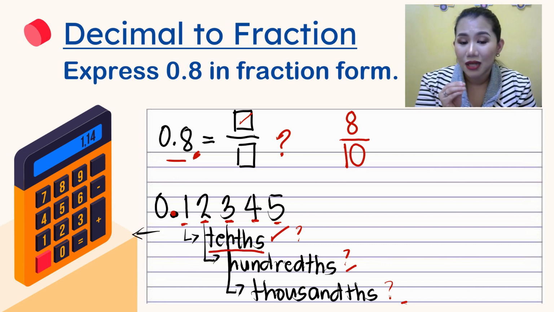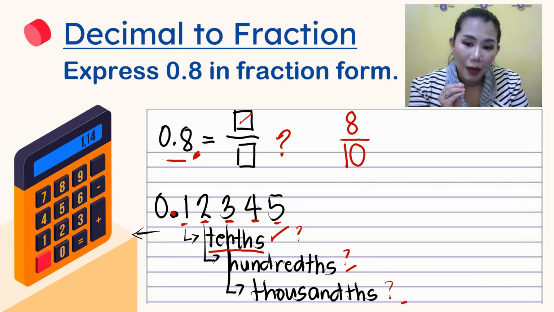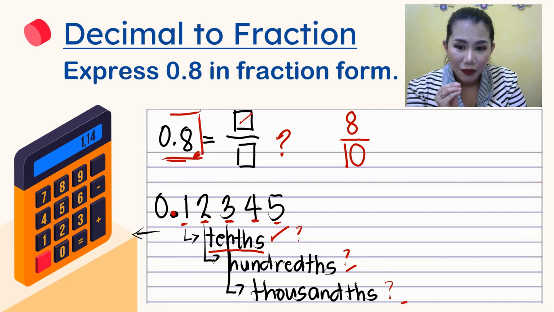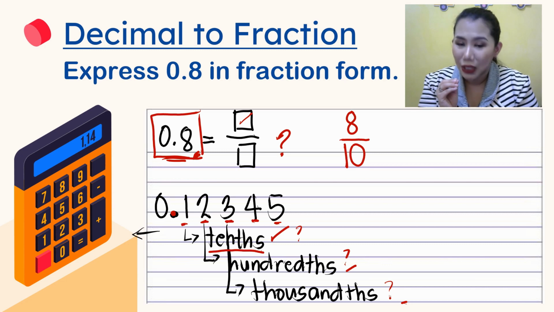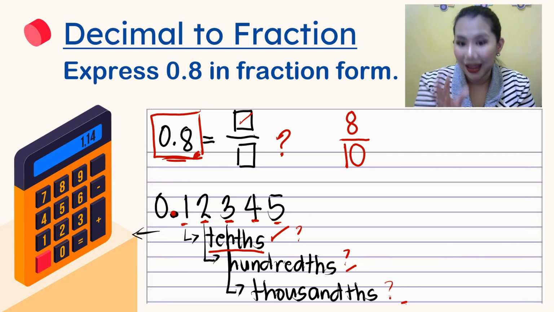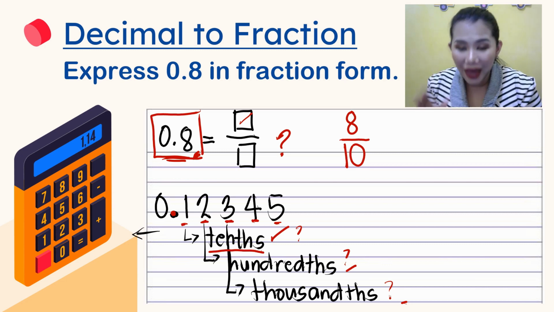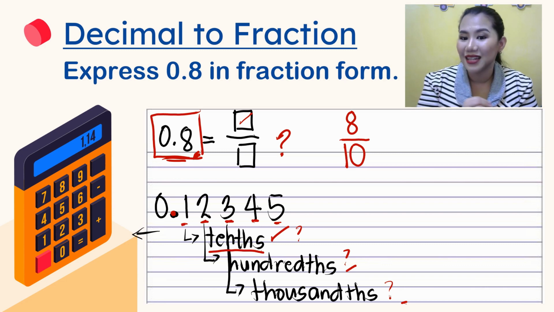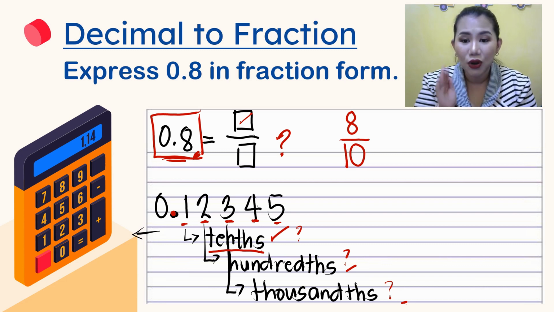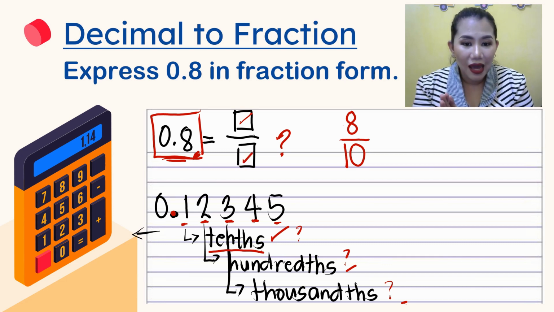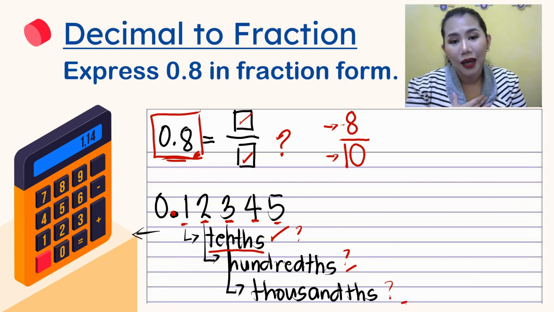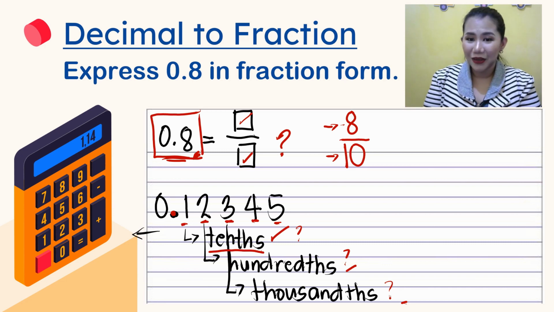So, kasi ang tamang pagbasa talaga natin dapat nito, class, okay? I'm sure, naituro na dapat yun sa inyo, ay 8 tenths. That is the correct way of reading 0.8. 8 tenths. So, therefore, if we write 0.8 into fraction form, this is how you write it. 8 tenths. Okay? So, ayan na. Naka-fraction form ka na. Yun na yun.